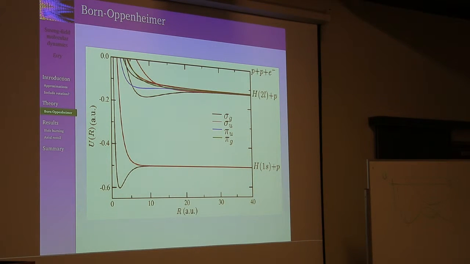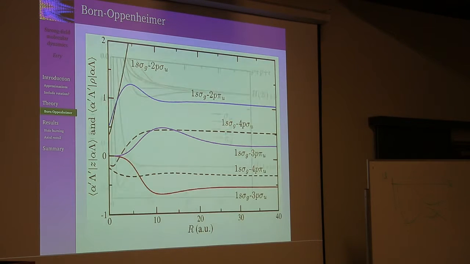The intensity needs to be rather high for 6 or 7 photons to come into play and take you up to those states. In practice, around mid 10 to the 13 watts per square centimeter is enough intensity to start bringing these into play. These are what the dipoles look like.